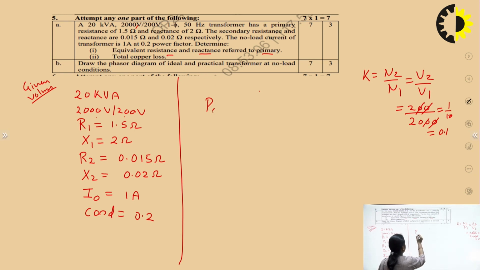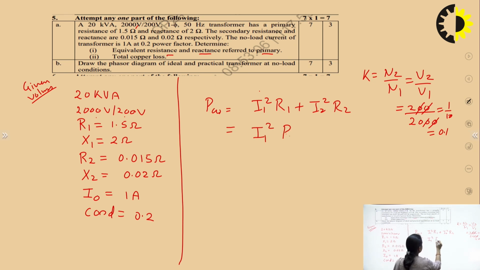So total copper loss you can find by I1 square R1 plus I2 square R2, as the R1 value is given, the R2 value is also given, and you can find the values of I1 and I2. Or you can also find it as I1 square R1E, because you have already calculated the value of R1E. So you can also use this formula, I1 square R1E. Now only you have to find the value of I1.